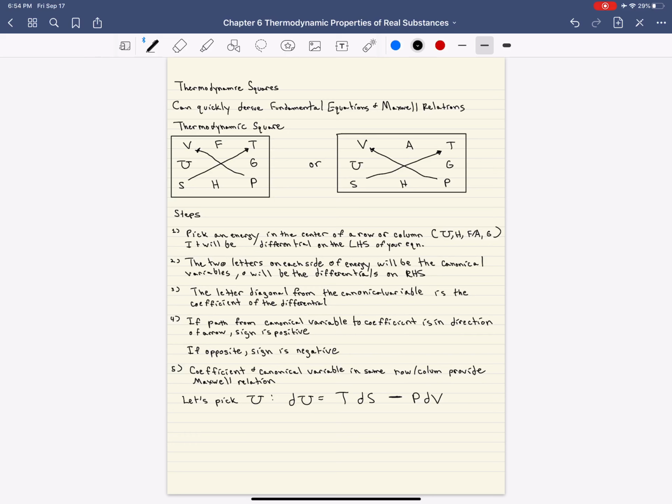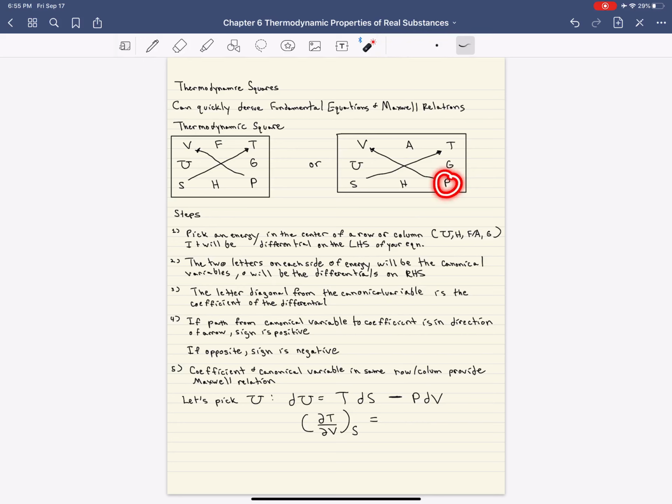Now for step 5, this is what we do here. Step 5 says that the canonical variable and the coefficient in the same row or column provide the Maxwell relation. Here T was a coefficient and V was a canonical variable. So for our Maxwell relation, we would write dT/dV, and this would be at constant S. That would be equal to, now we go to the other side.